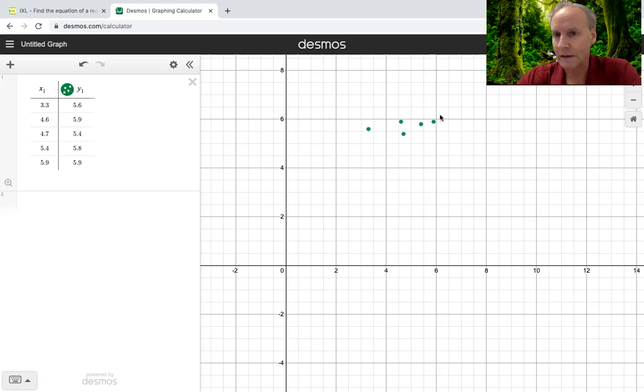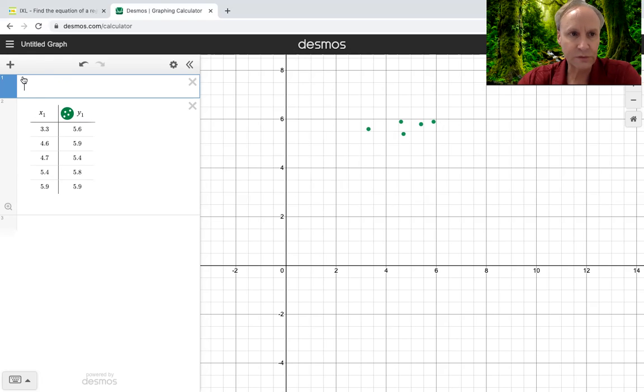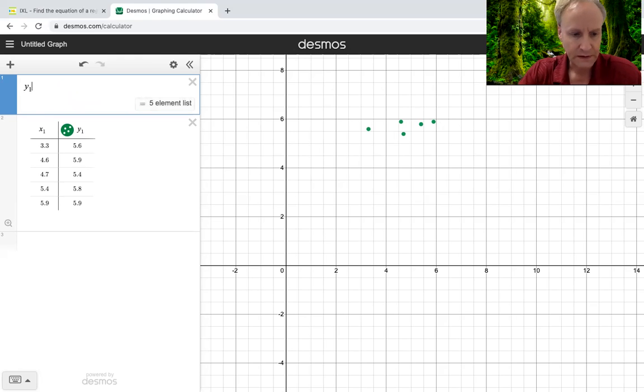I'm going to guess that my least squares regression line is going to go through right about here. It's not going to have a very steep slope, and it's not going to have a really strong correlation. But the way you do it is you add an expression, and the expression we're interested in is y1 tilde.